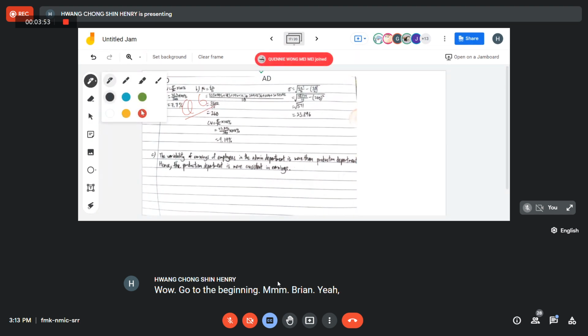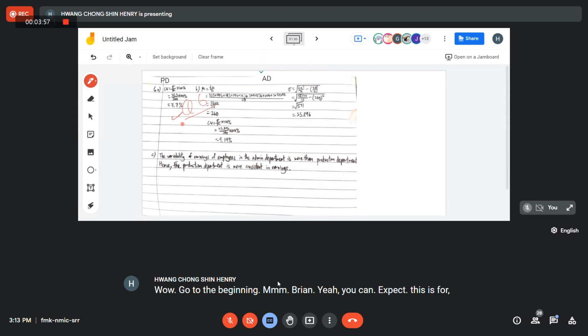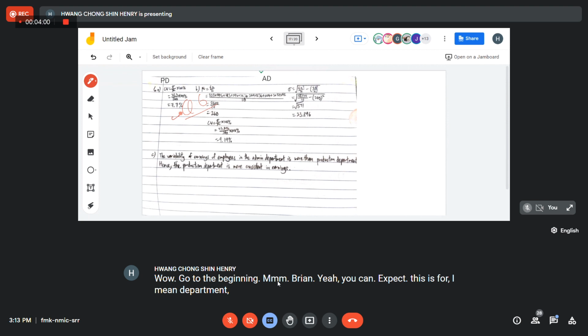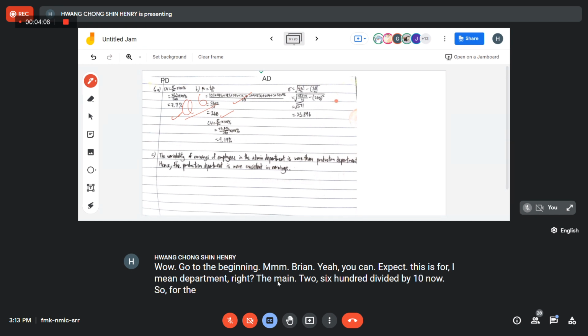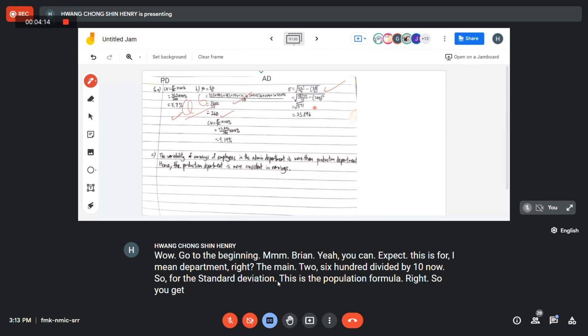Yeah, you can explain. This is for the admin department, right? The mean is 600 divided by 10. For the standard deviation, this is the population formula, right? So you get 23.896, if you calculate your total x squared and your total x correctly.